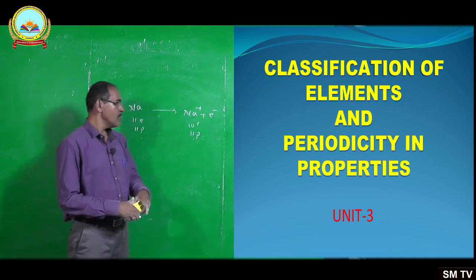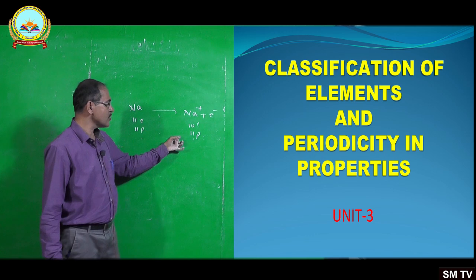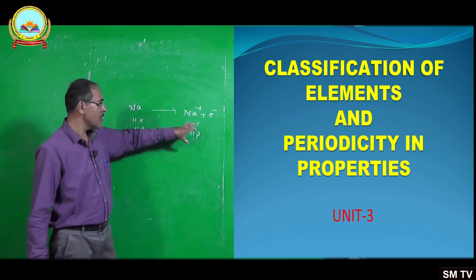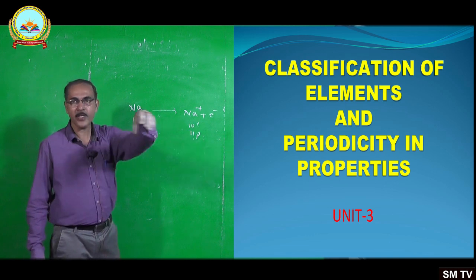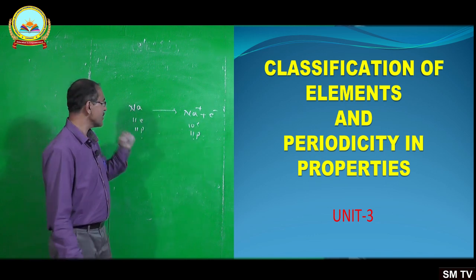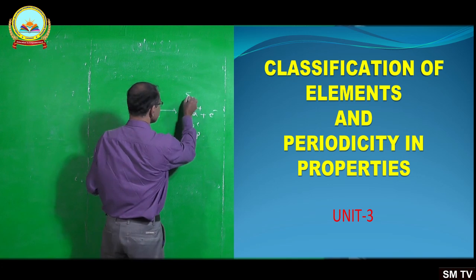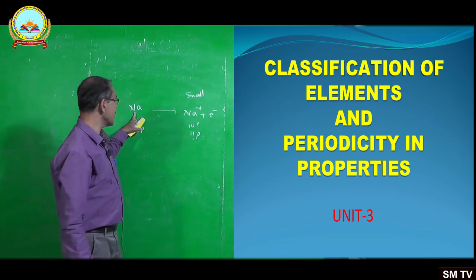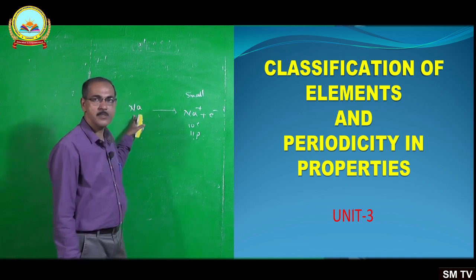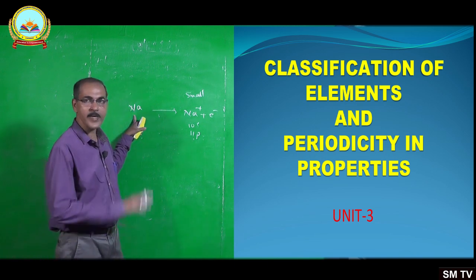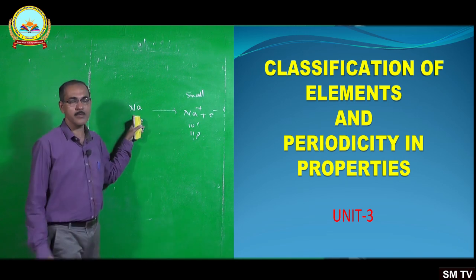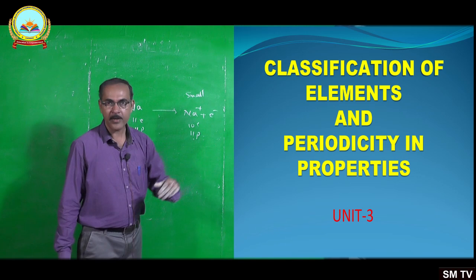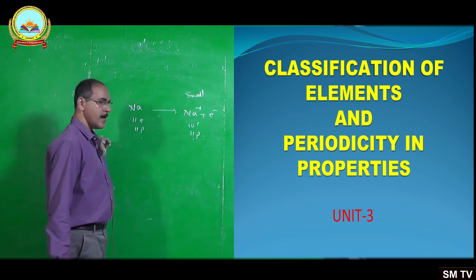So, therefore, the force of attraction on the electron is more here. The nuclear charge can hold the electron more tightly. That is the reason Na plus has a smaller size compared to the size of its neutral atom. Always, for any atom, the radius of the cation is smaller than its neutral atom.